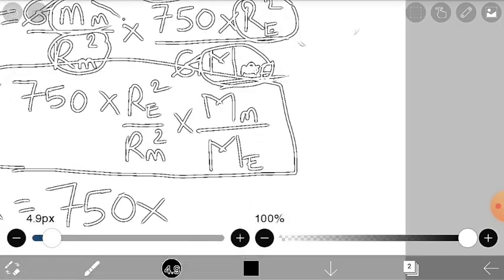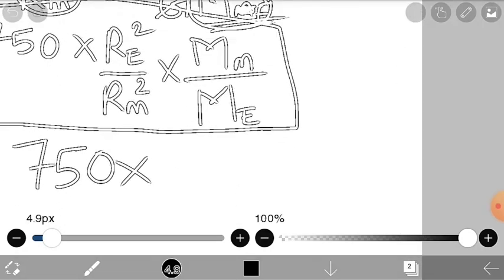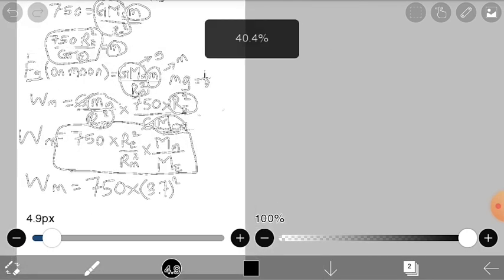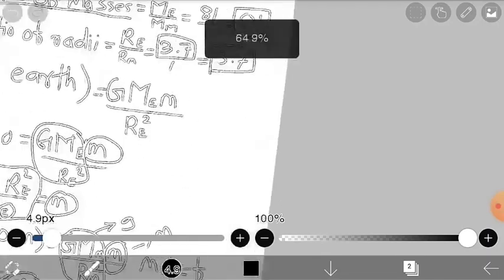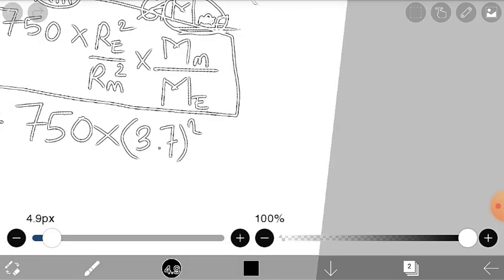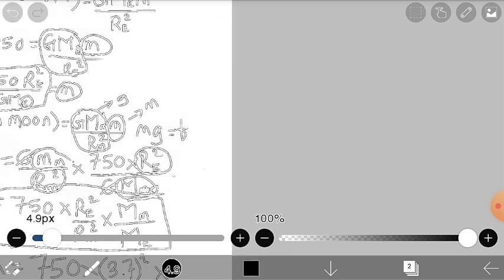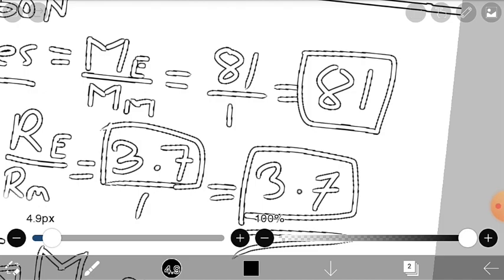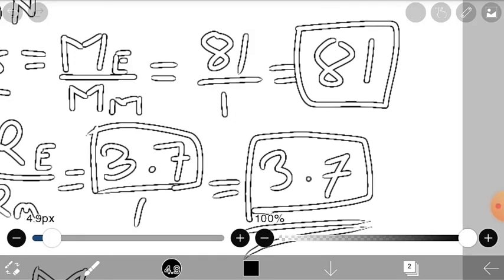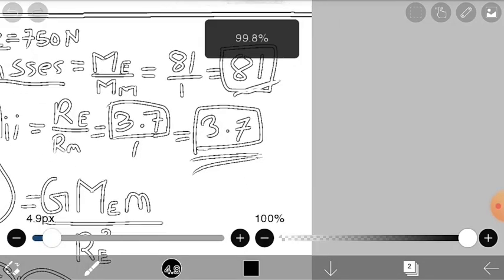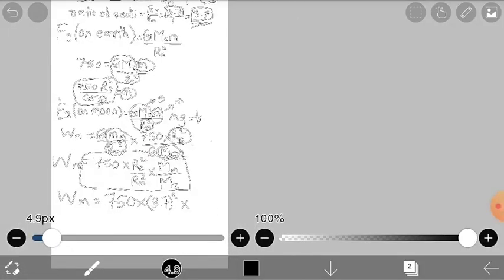So it is given that radius of earth square upon radius of moon square can be written as 3.7 square, as shown in the question, into the ratio of mass of moon and mass of earth. But here we have written the ratio of mass of earth and mass of moon. Therefore we have written it inversely. Therefore instead of 81 we can write 1 upon 81.